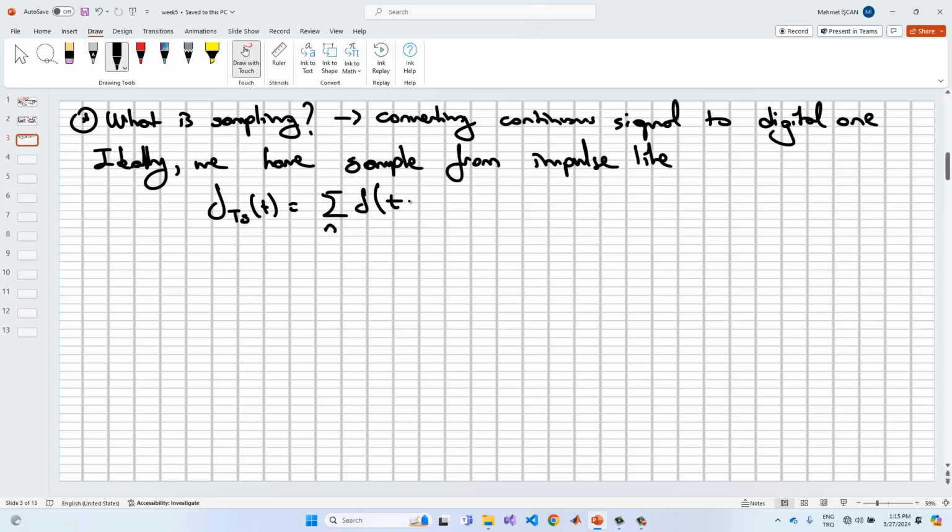Yes, peak, but why? It has a peak. Why do we need to use that? The impulse is the most important signal in signal processing. Any thoughts?